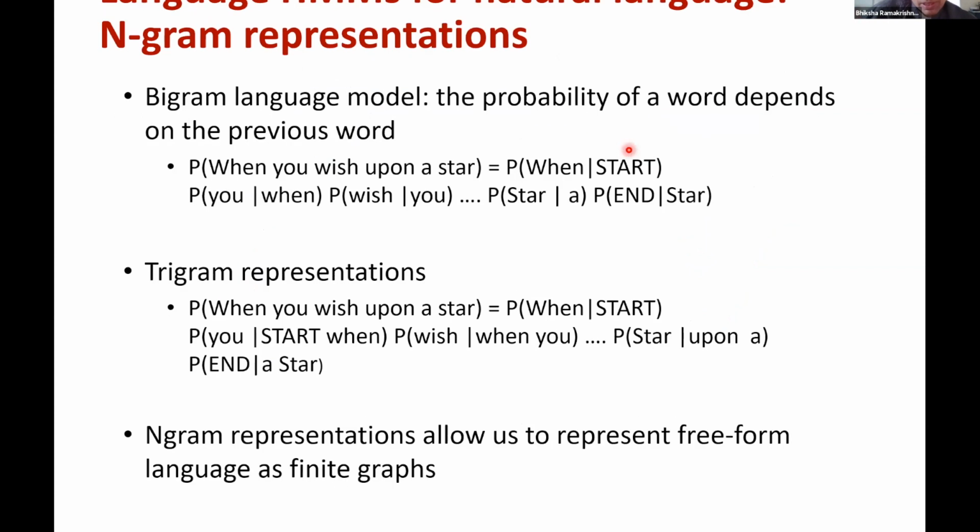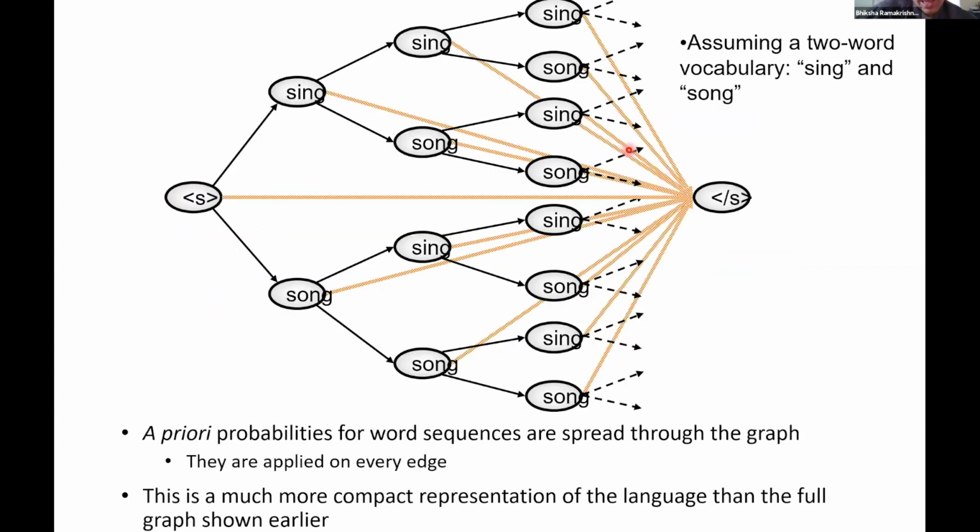First, I'm going to represent my language as a tree. So imagine you have a language where you have only two words, sing and song. Then the complete set of all possible sentences can be represented as a tree, right? The first word could be sing or song.